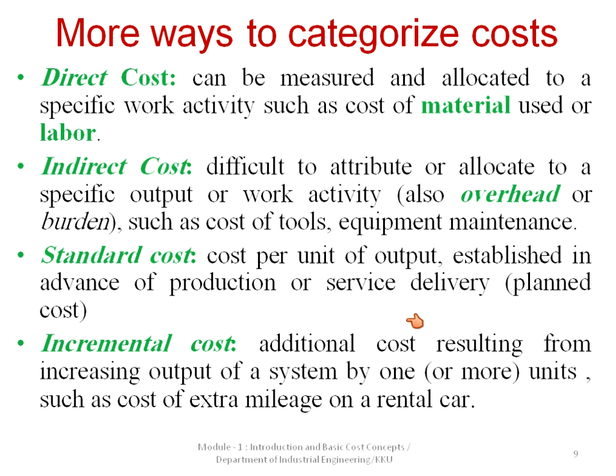For 100 products, if your cost is 100 real, for the 101st product, what is the cost? Those costs are called incremental cost. This is nothing but an additional cost resulting from increasing output of a system by 1 unit.